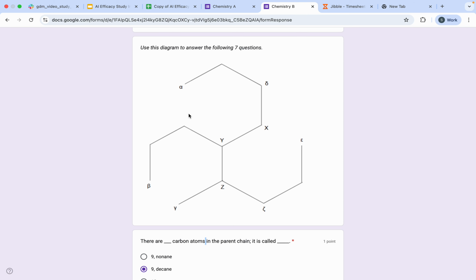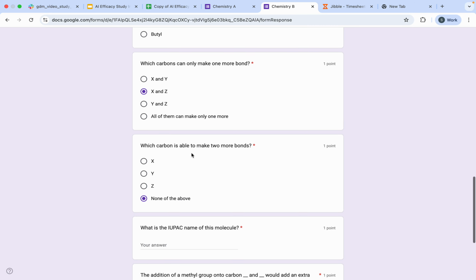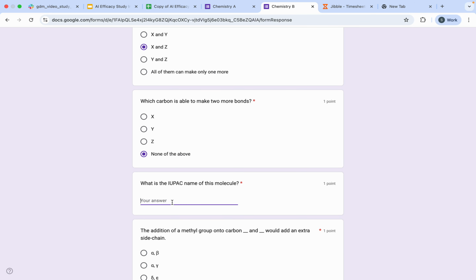IUPAC name of the molecule is... so IUPAC name, I am not sure, but I am writing it as methyl butane. I'm not sure.